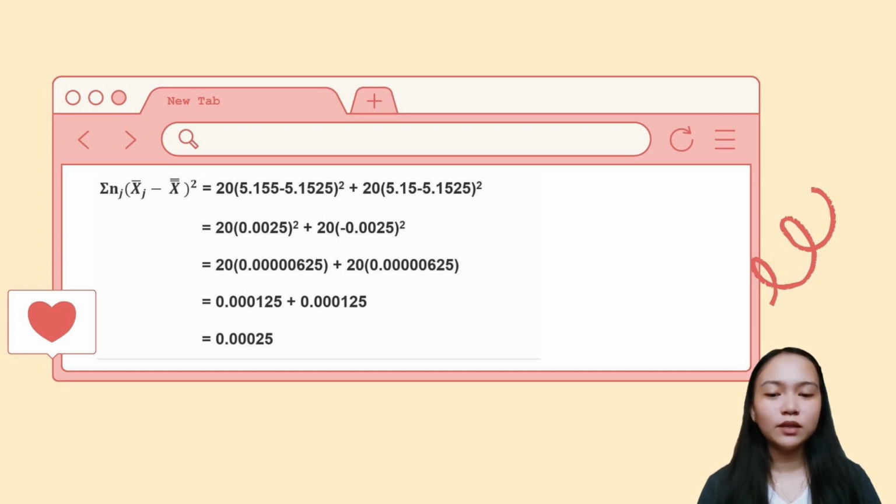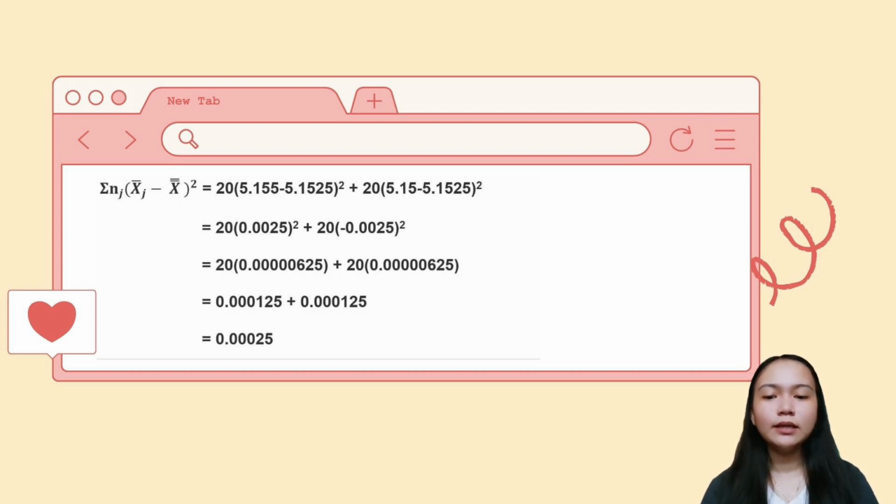So the answer will be 0.0000625, plus 20 (the answer of negative 0.0025 to the power of 2 is 0.0000625).